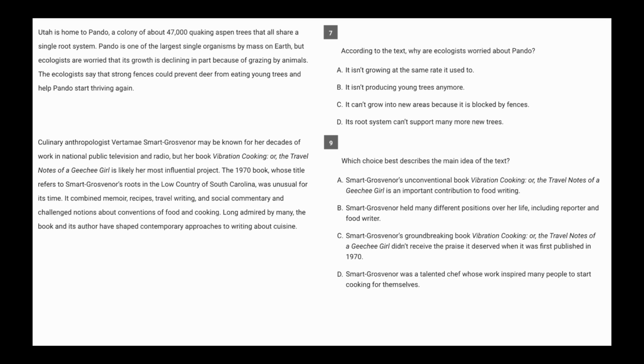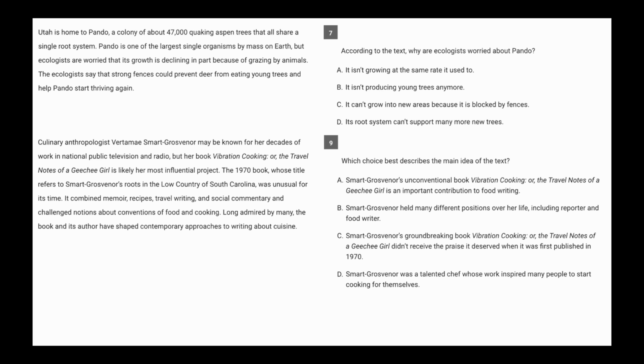So, A, it isn't growing at the same rate it used to. Did I see this in the passage? Of course I did. Its growth is declining. How can we say its growth is declining? In other words, its growth isn't at the same rate as it used to be. So, A is basically paraphrasing our passage.